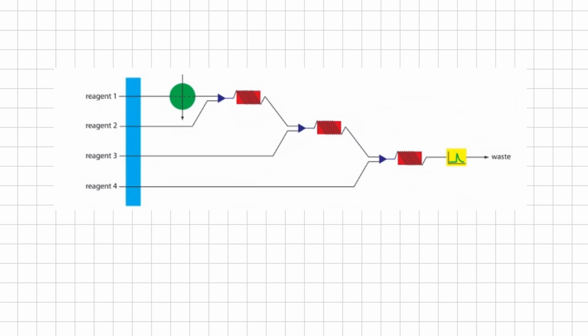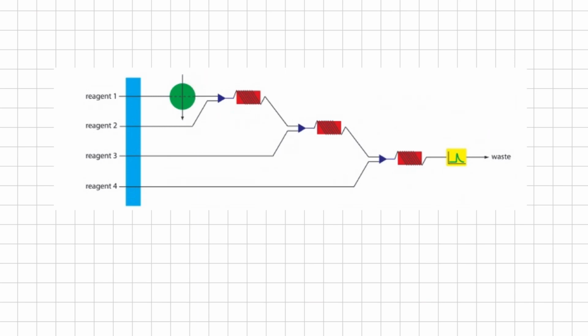One example is a 4-channel manifold as shown in figure 1. Here this is channel 1, channel 2, channel 3 and channel 4. So what is happening here is that reagent 1 is combining with the sample, and then reagent 2 is combining with the product of reagent 1 and sample.